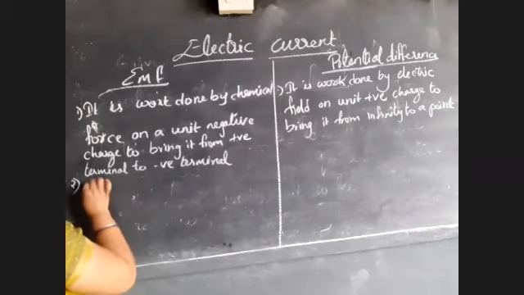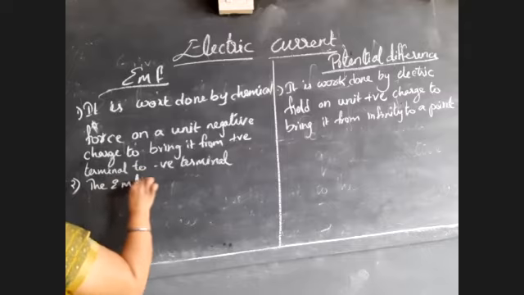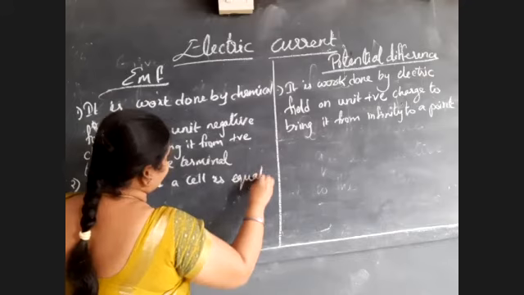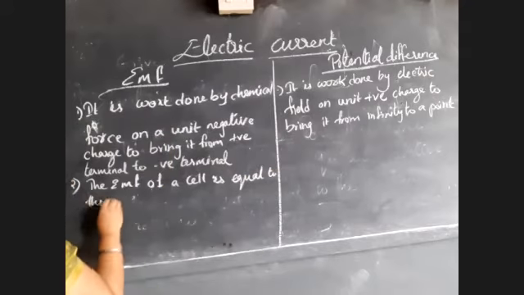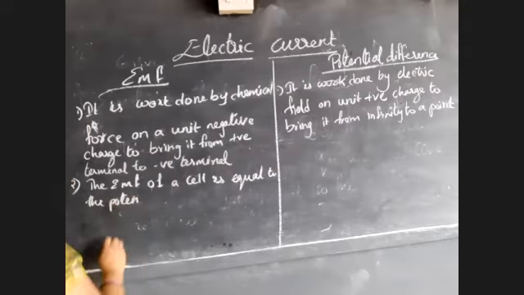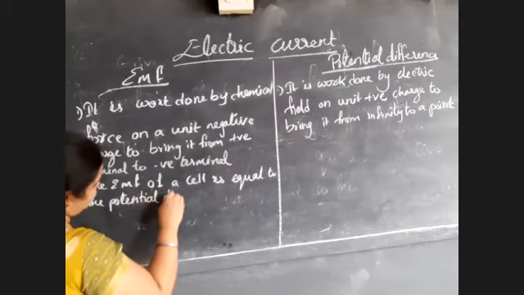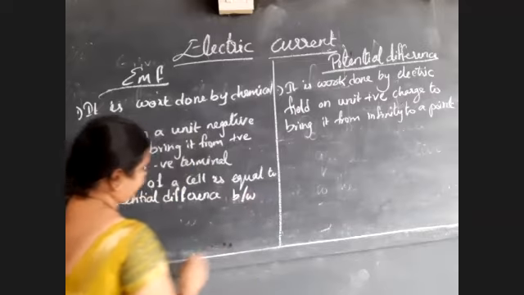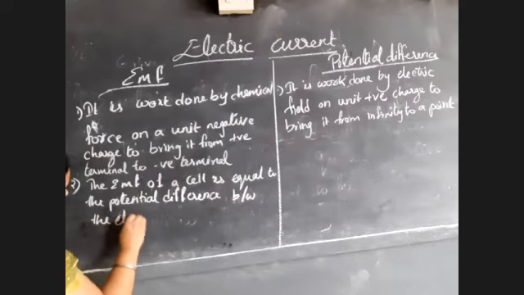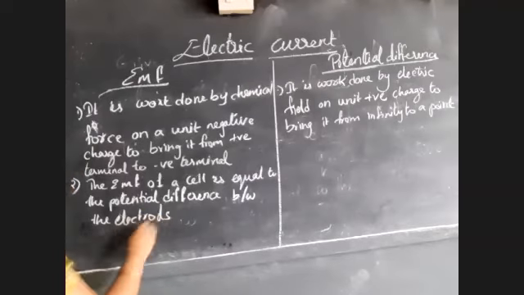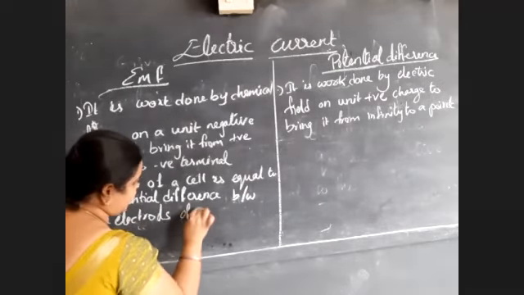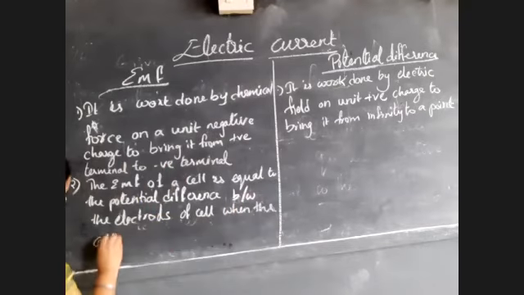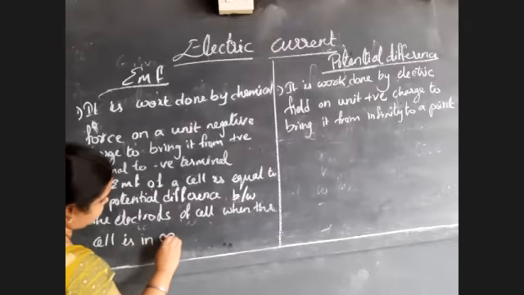The EMF of a cell is equal to the potential difference between the electrodes of the cell when the cell is in open circuit.